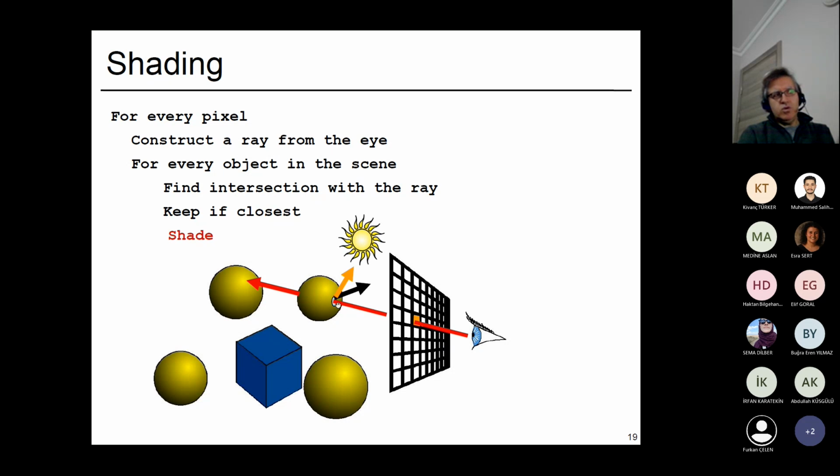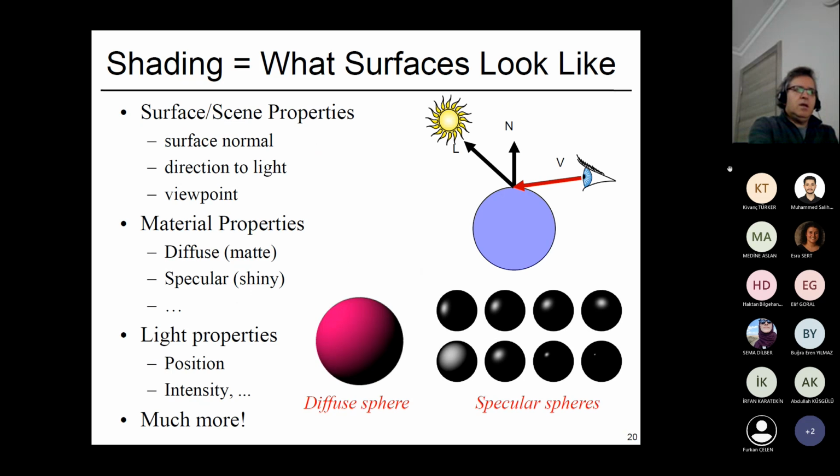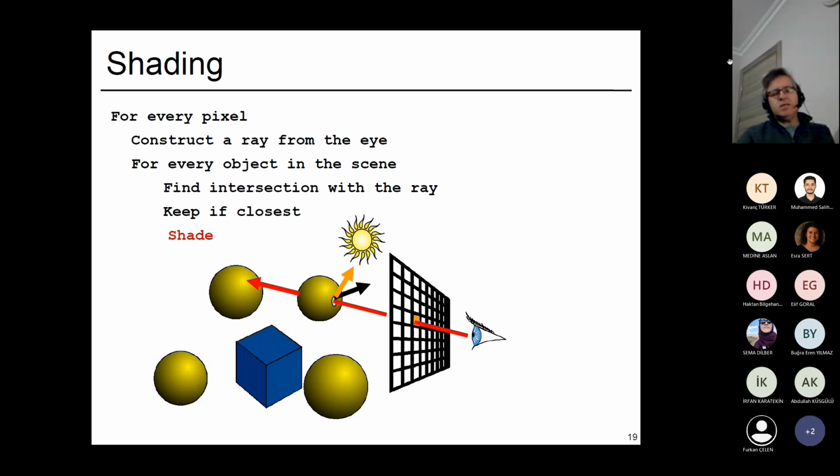Once you decide that this is the surface that we are going to be seeing for this pixel here, we just shade it. Shading will look into certain lighting and certain surface properties of the object. You can see that this algorithm is a little bit different than the rasterization algorithm that we had.